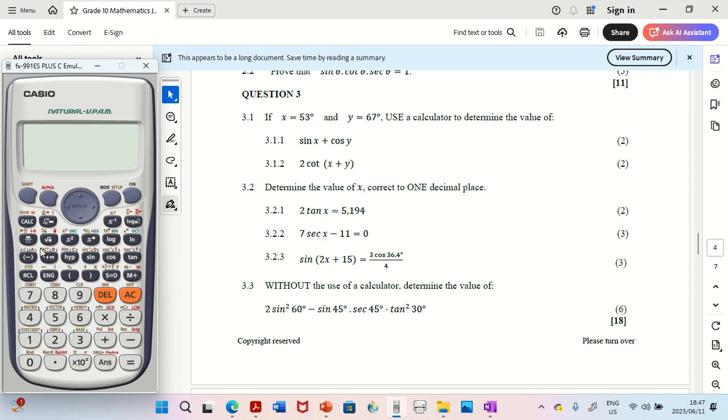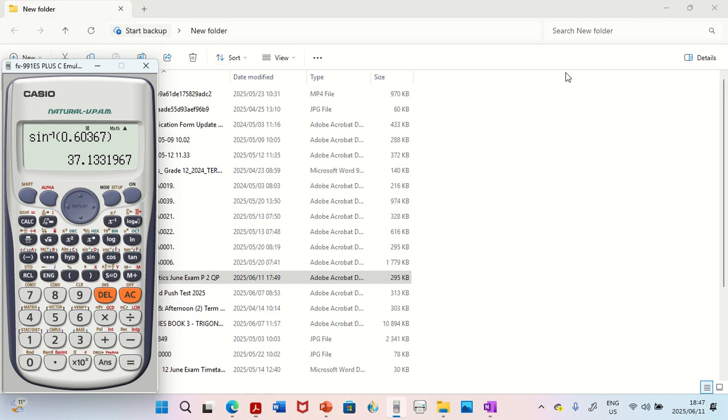In my calculator, I'll press shift sine, then 0,60367, and close the bracket. And then this would be 37 comma 13.